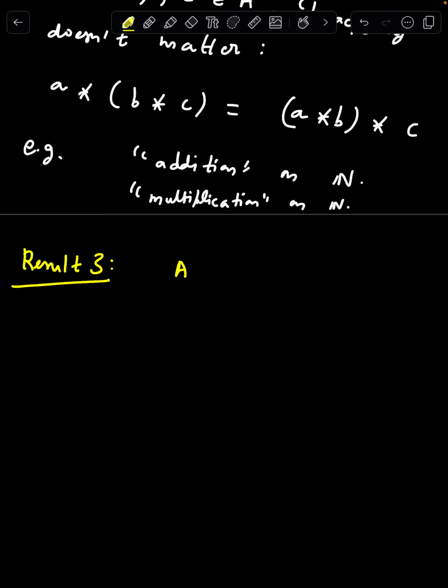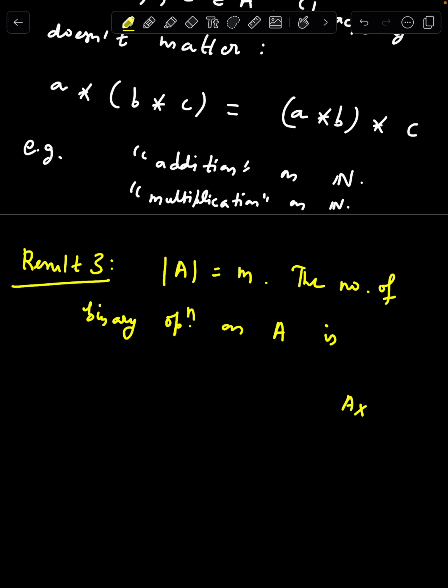So suppose that the cardinality of A is m, that is the number of elements of set A is m, then the number of binary operations on A is equal to the number of functions from A cross A to A. A cross A has m square elements.